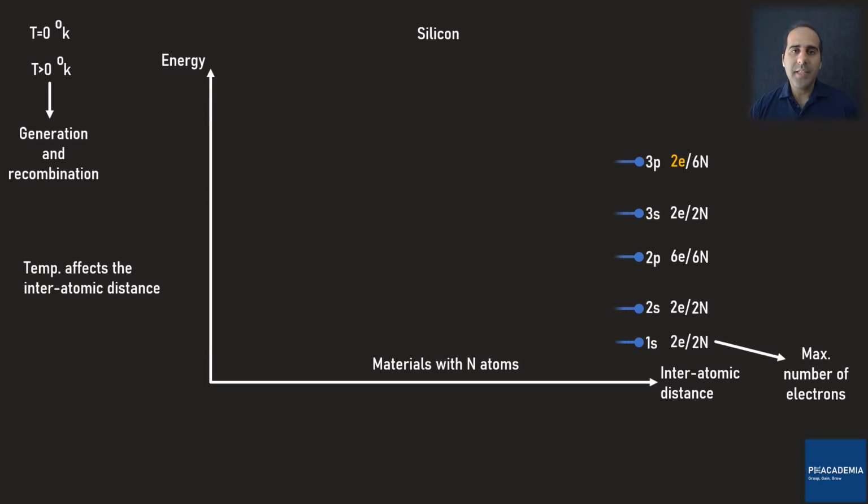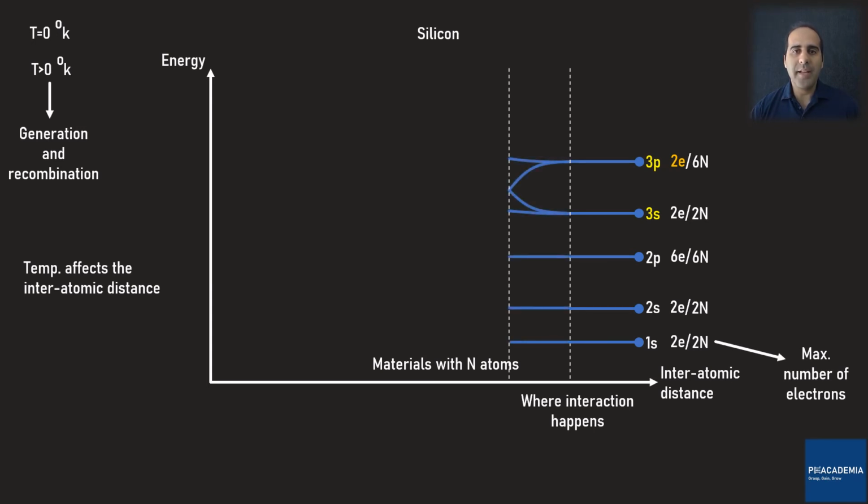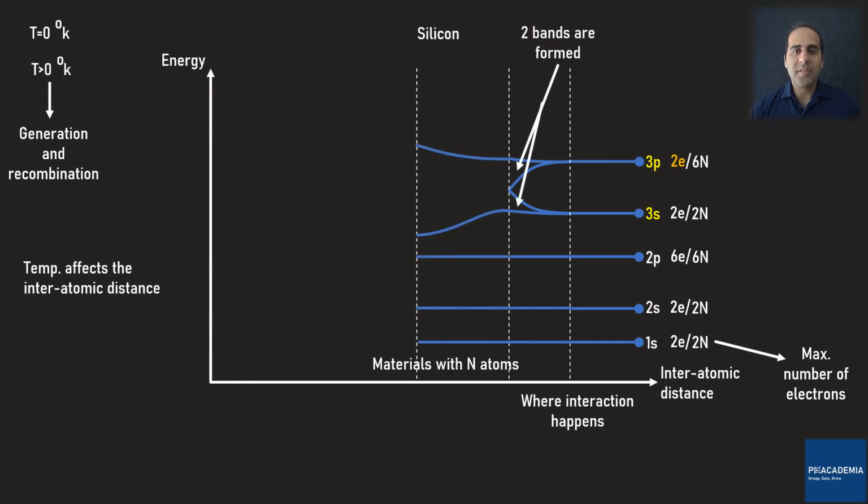By decreasing the interatomic distance, I get to a point where atoms in their last two sublevels 3p and 3s start to interact with each other. The sign of this interaction is that the energies in these two sublevels split and two bands are formed. By further decreasing the interatomic distance, the newborn energy bands merge.